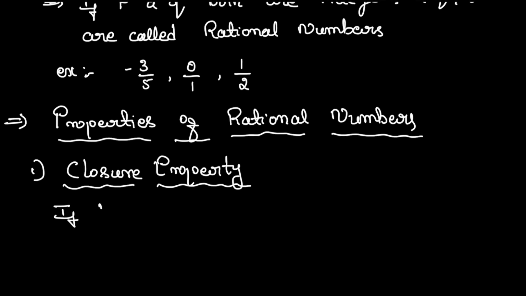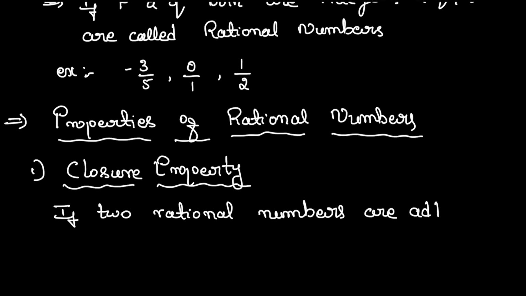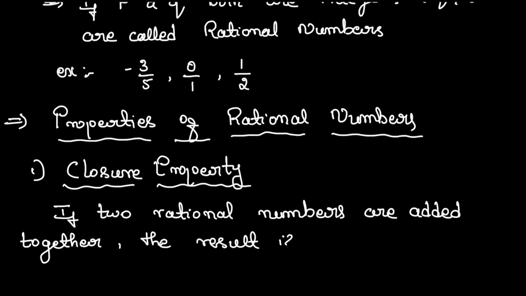If two rational numbers are added together, the result is always a rational number.